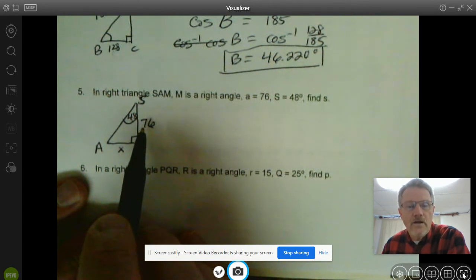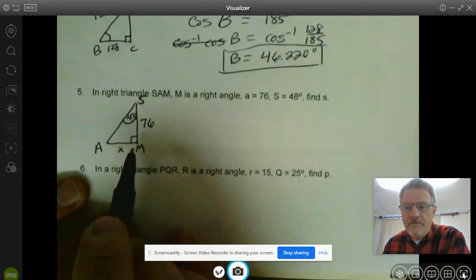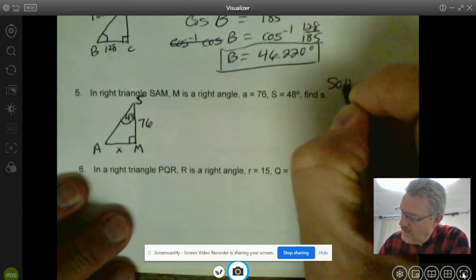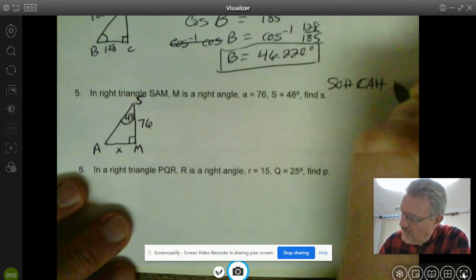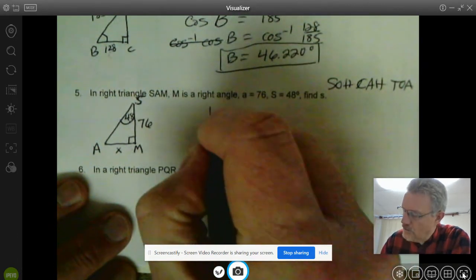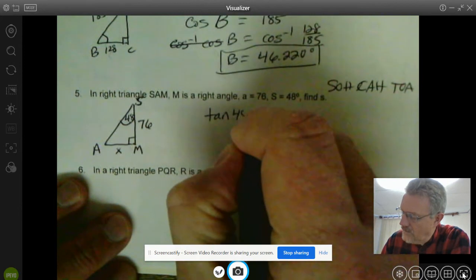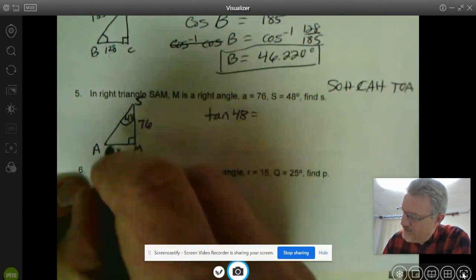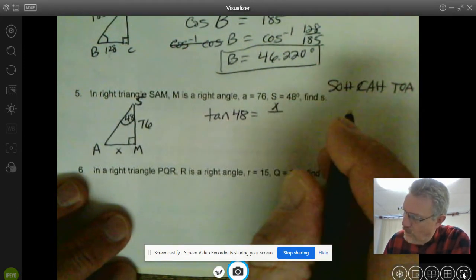So adjacent and opposite. Adjacent and opposite means we're using tangent. So tangent of the angle equals opposite over adjacent.